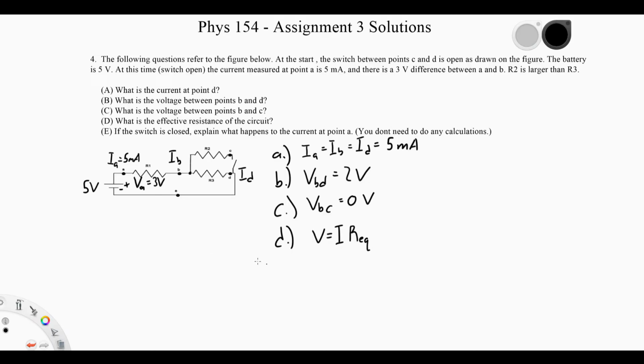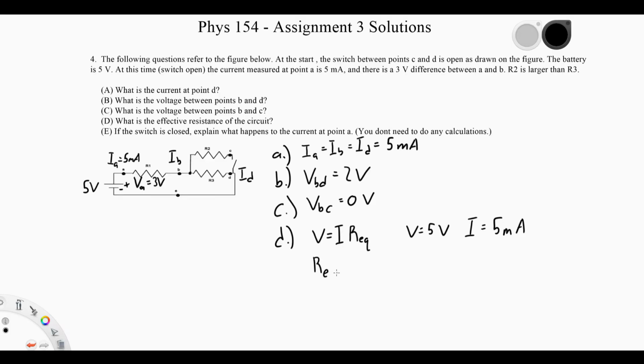And so, because we only have one voltage, and we know that that current we have is the same current throughout the entire resistor, we can actually just use those values, that 5 volts and that 5 milliamps, to solve for our total effective resistance.